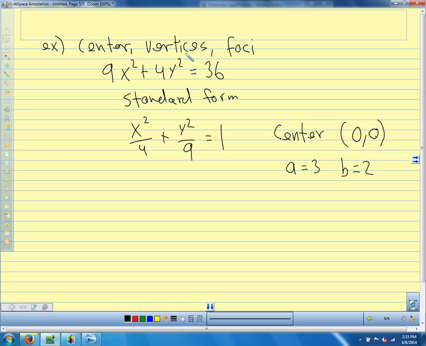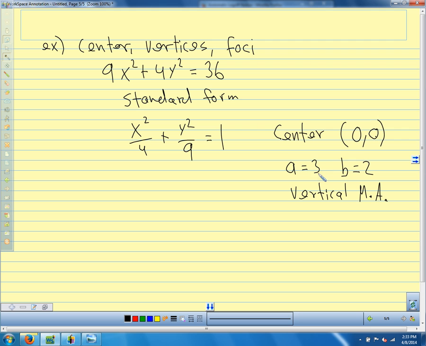One other thing we need to know is, does this have a horizontal major axis or a vertical major axis? Vertical, because the bigger number is under the y squared. So we have a vertical major axis. I'm going to say MA for major axis.